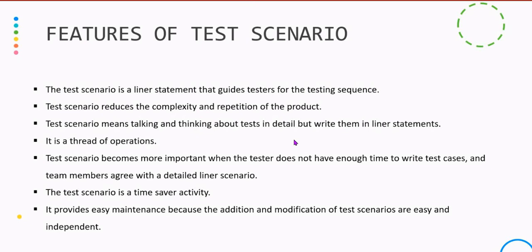Test scenarios become one of the most important when the tester doesn't have enough time to write the test cases and the team agrees with the details like a linear scenario. For example, there is a registration where the user has to register himself, and the scenario mentions the user is able to create an account using an email and a password, and that will give us the most information. Under that, the test cases will be like the user is able to register himself successfully, or negative cases, like a wrong email given, or a wrong password, or the format is wrong.